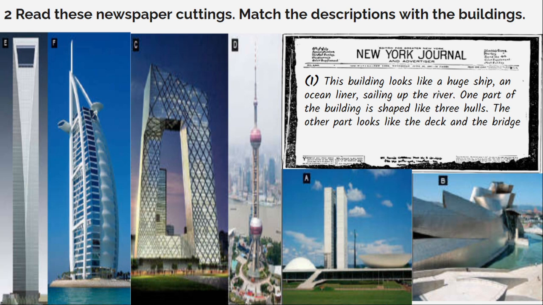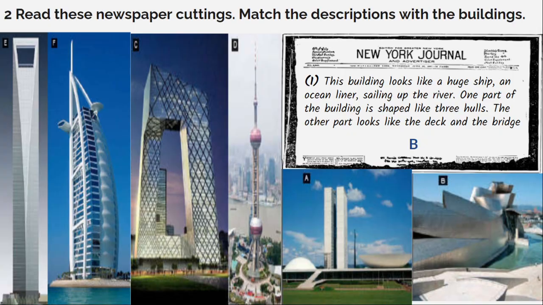From the details, it is quite obvious that we are talking about a building characterized by 3 ship hulls, and obviously we are talking about the Guggenheim Museum in Bilbao, Spain, which is represented in picture B.